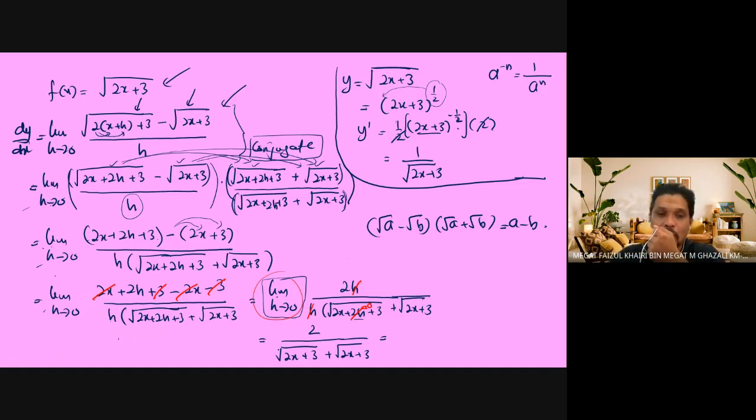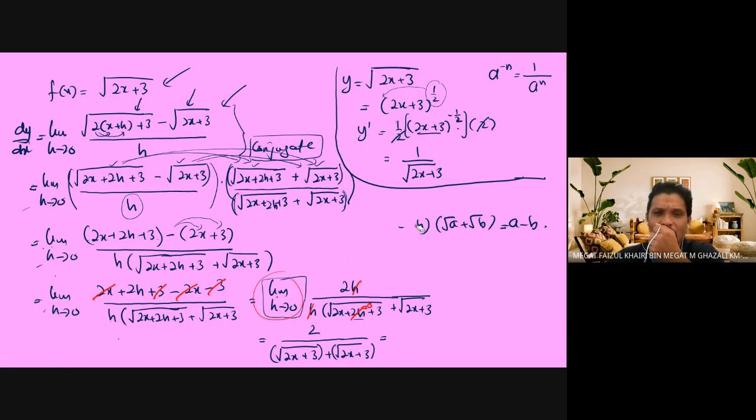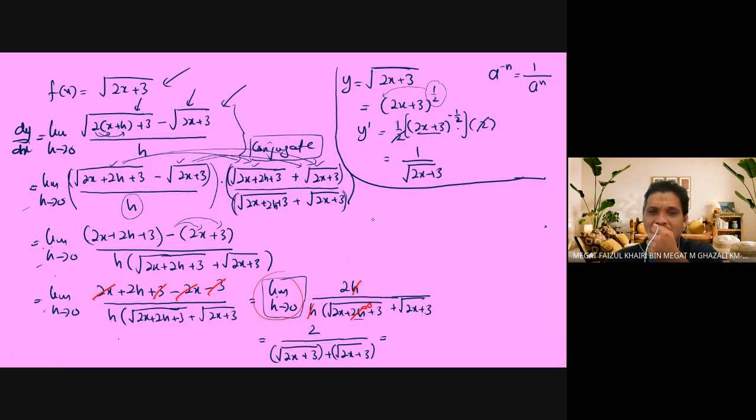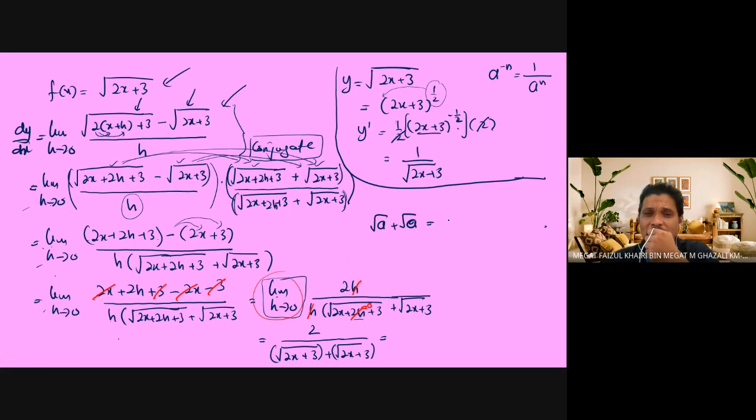Square root of 2x plus 3 plus square root of 2x plus 3. What do you think? It's just like the square root of a plus the square root of a equals the same thing, which is 2 square root of a, right?